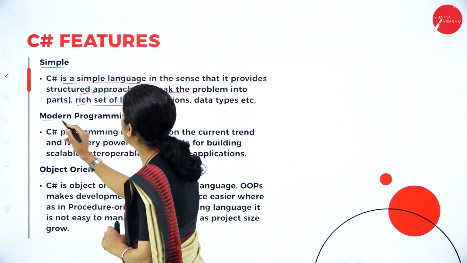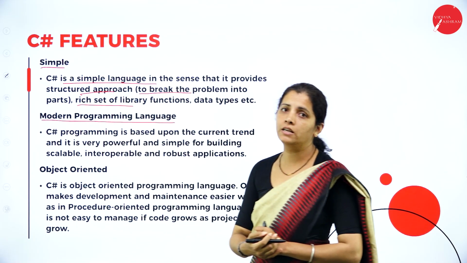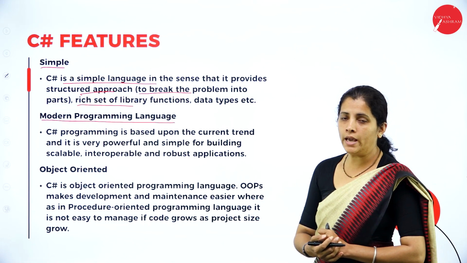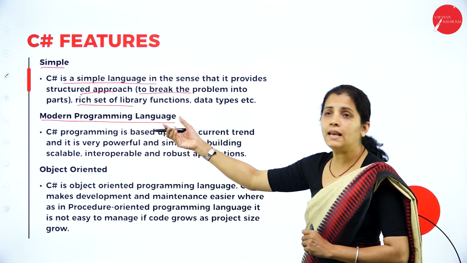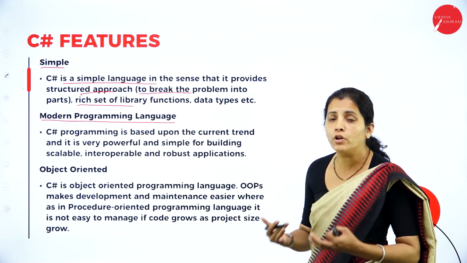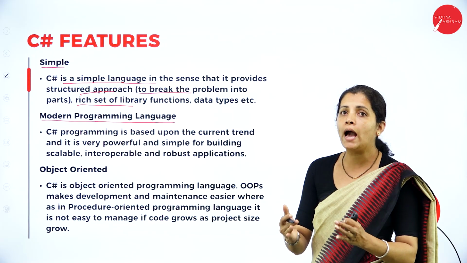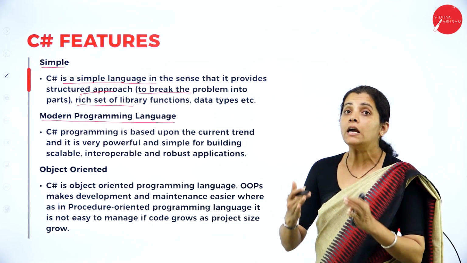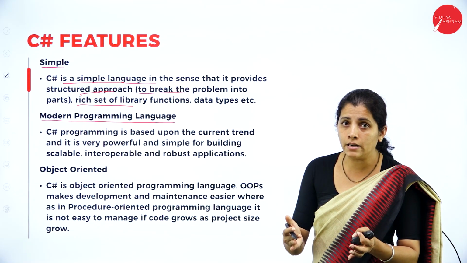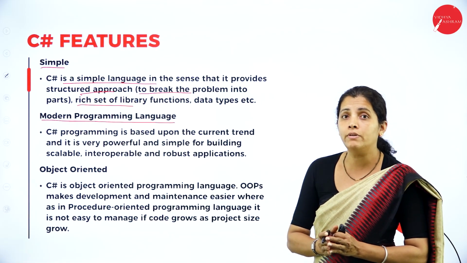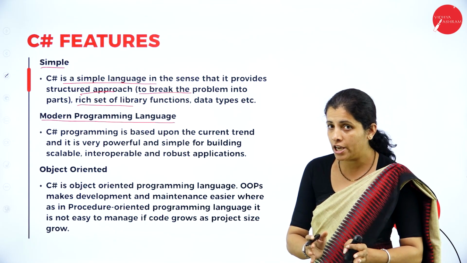Another very important feature here is that it is a modern programming language. This programming language is based upon the current trend. First, we have to collect the client requirement, what they want. Based on that, we have to develop the application.